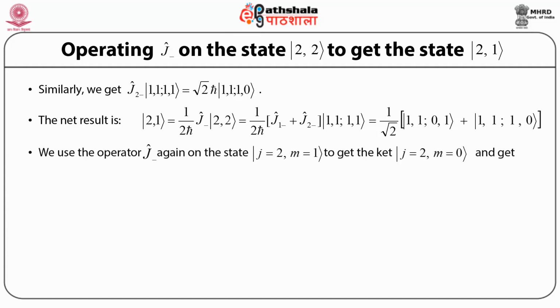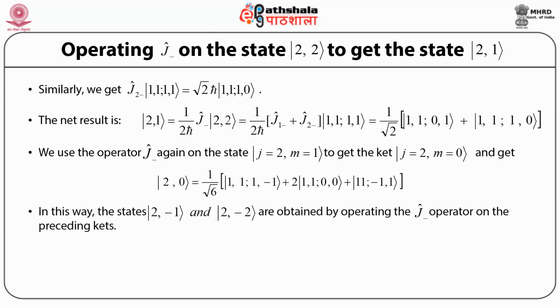We use the ladder operator J minus again on the state described by the ket j equal to 2 and m equal to 1 to get the ket j equal to 2, m equal to 0, and we get |2, 0> is equal to 1/square root of 6 times (|1, 1, 1, -1> + 2|1, 1, 0, 0> + |1, 1, -1, 1>).